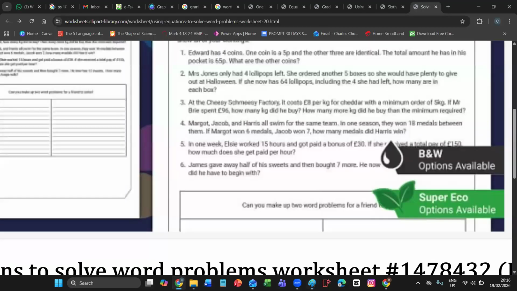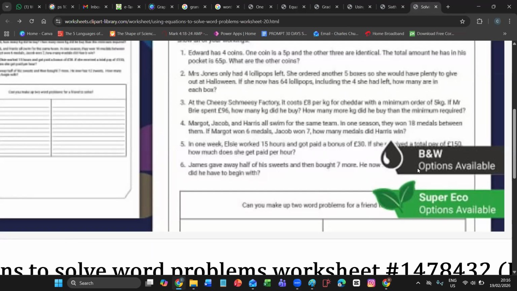The next one says Mrs. Jones only had 4 lollipops left. She ordered another 5 boxes, so she would have plenty to give out at Halloween.